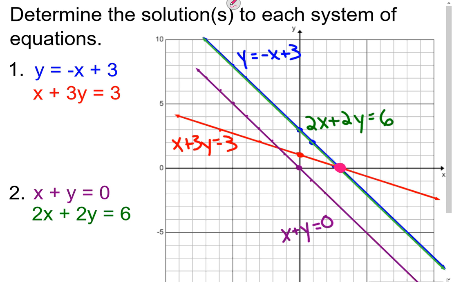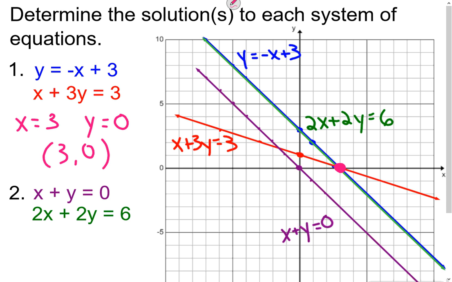And where is that? Well, that's at the point (3, 0). So my x value is 3 there. My y value is 0. That makes the blue equation true. It makes the red equation true. Therefore, x equals 3, y equals 0 is the solution to that system. Now, sometimes you're going to see that written in point format like this.